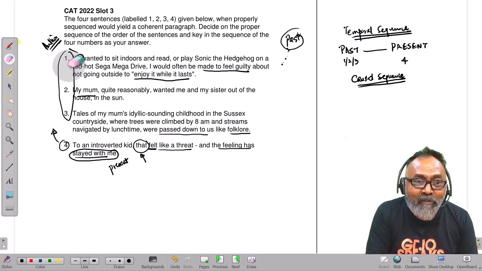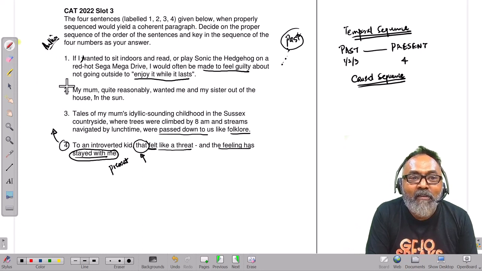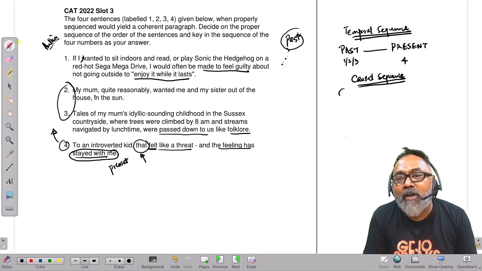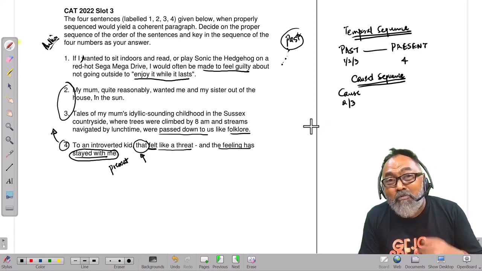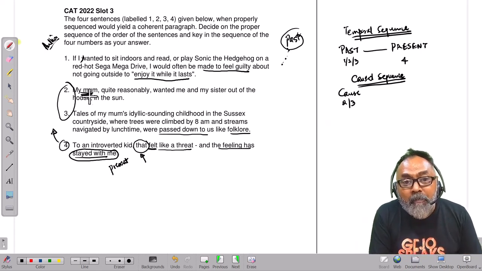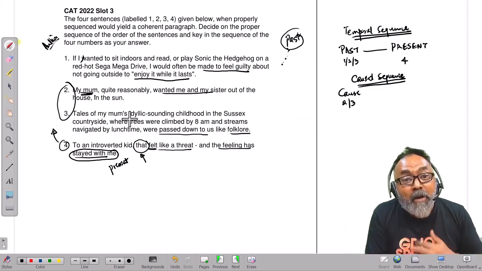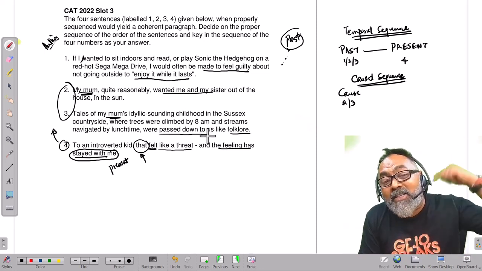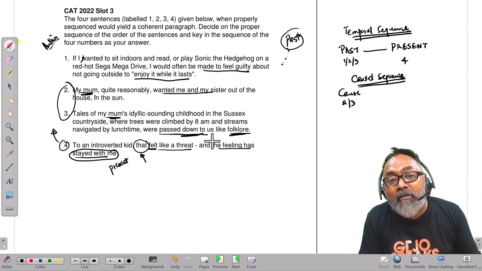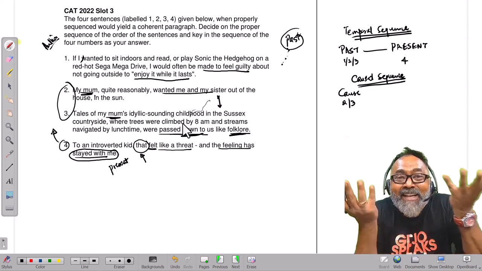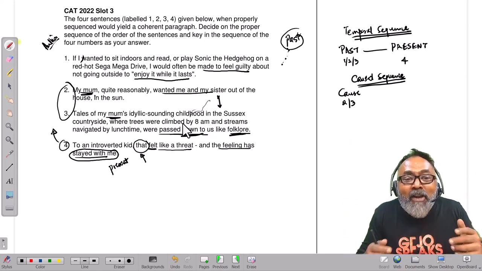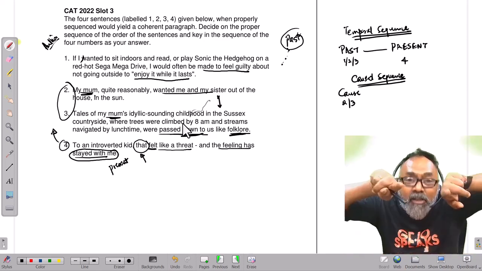So let's look at the cause: 2 and 3 in some order is what my mom is asking me to do. Mom wanted me and my sister to go out in the sun. My mom is telling a story about her childhood and passing it on to us. So sentence number 3 is giving more specific detail about sentence number 2.